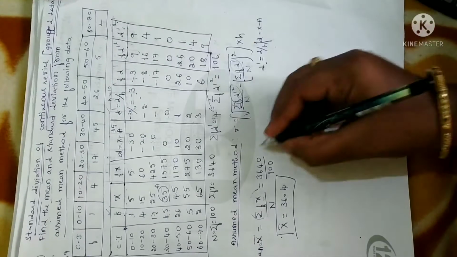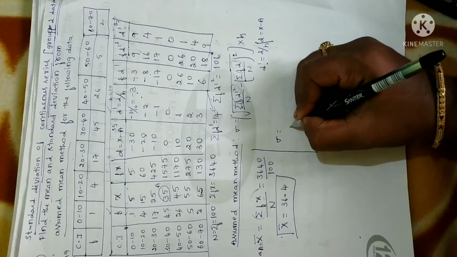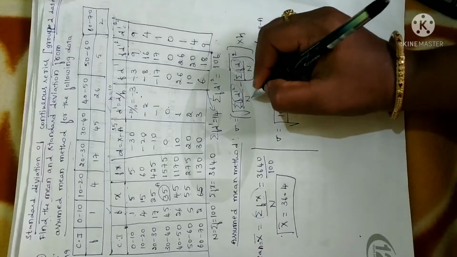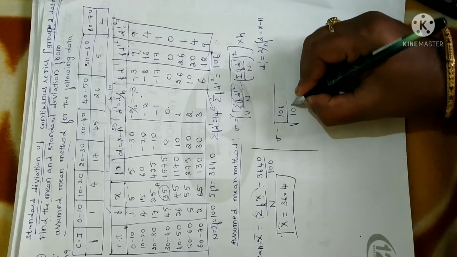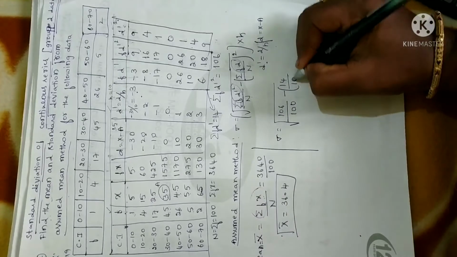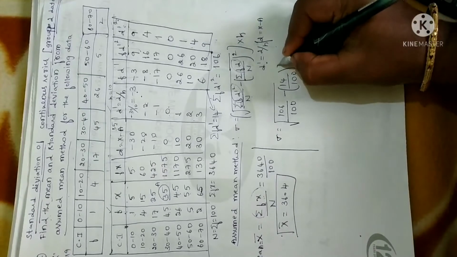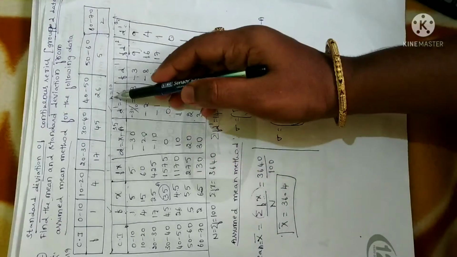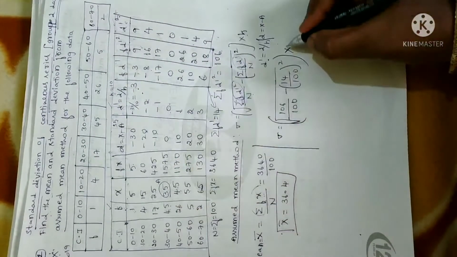Fine. Now let me do the substitution. The required standard deviation will be the square root of sigma f d dash square, 106, divided by n, 100, minus sigma f d dash, 14, divided by n, 100, the whole square, close the bracket, into h. H I already told you is the common difference, it is 10.